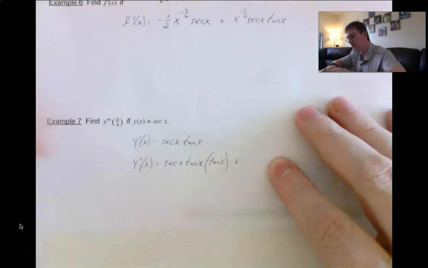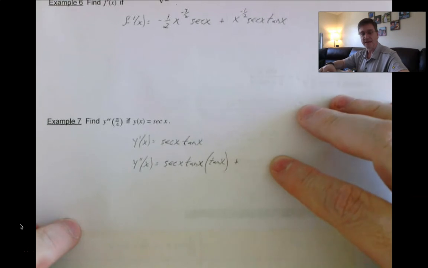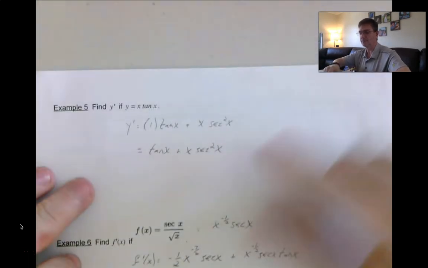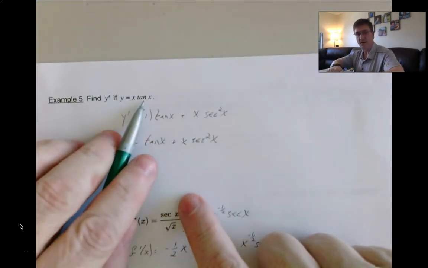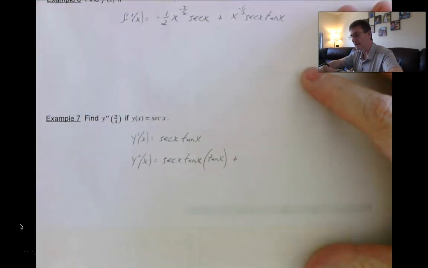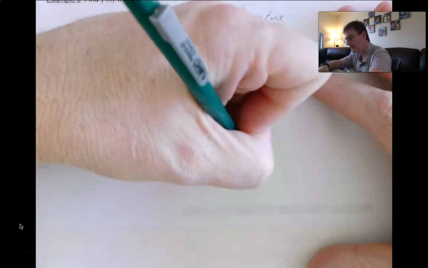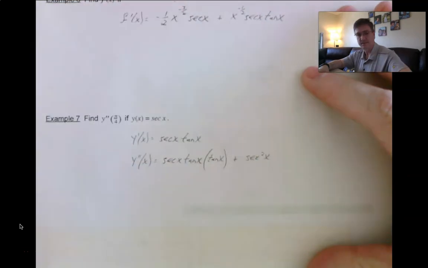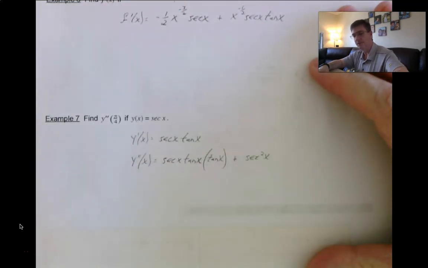Plus derivative of the second, derivative of tangent. I believe we've seen this recently too. We saw that just right up here. Derivative of tangent of x is secant squared of x. So derivative of the second is secant squared of x times the first.